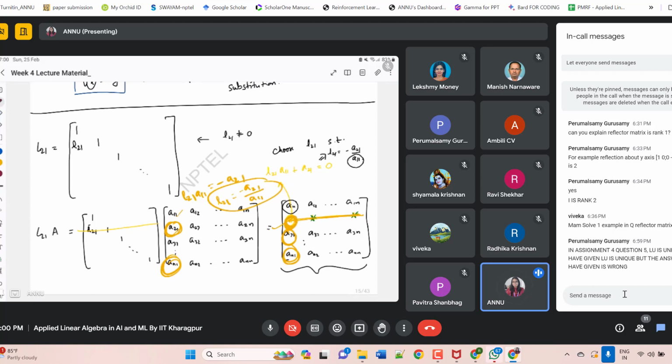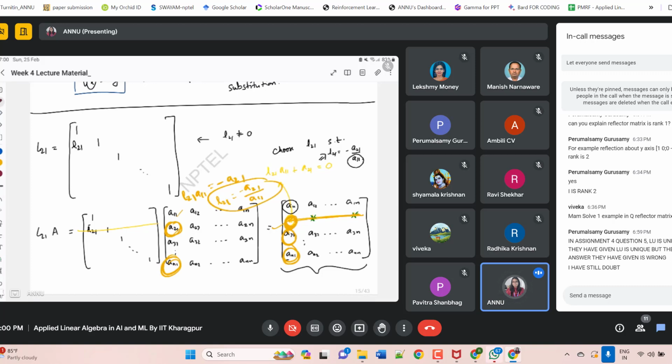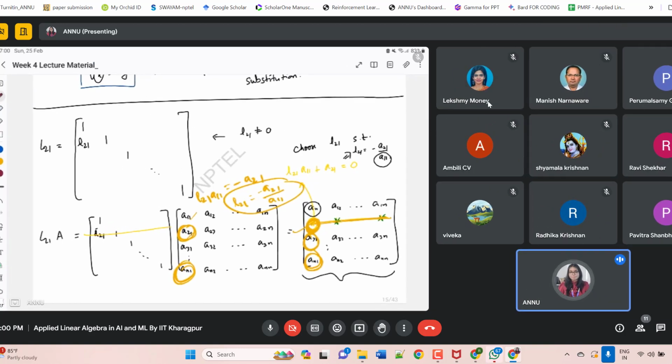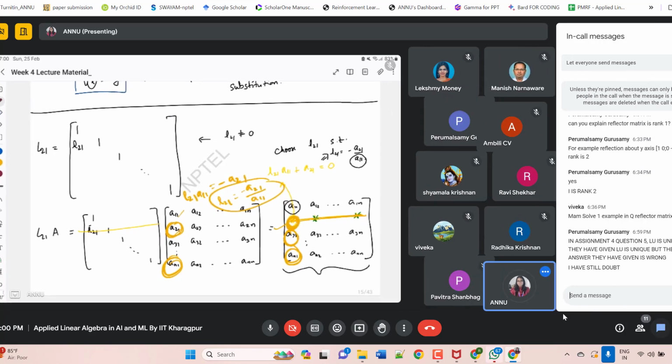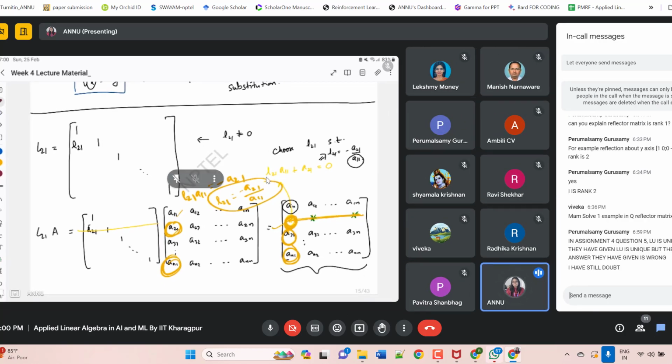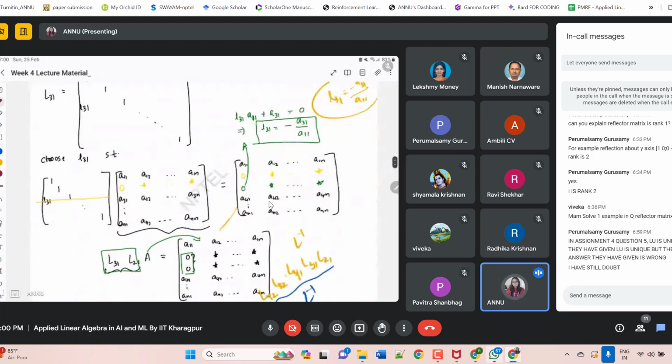Okay, but as far as I know, LU is unique only. I still have a doubt. Anyway, whatever way you are following, you are getting these particular values as constant values. A21 divided by A11 gives L21. If you find L31, the L31 is minus A31 divided by A11.